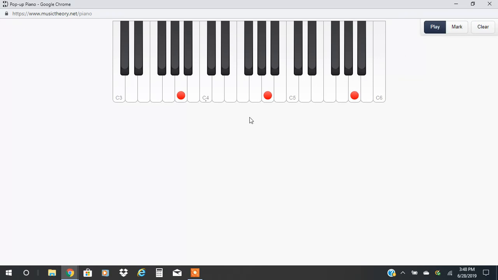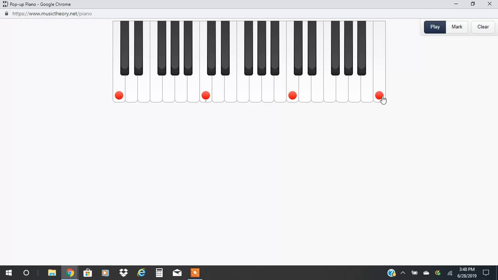And for intended purposes, notice that the higher notes are to the right and lower notes are to the left. So if I am going to go back to C's again, if I mark my C's, notice that the lower pitches are to the left going this way, and to the right is higher.